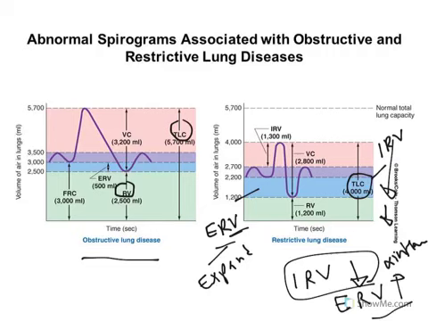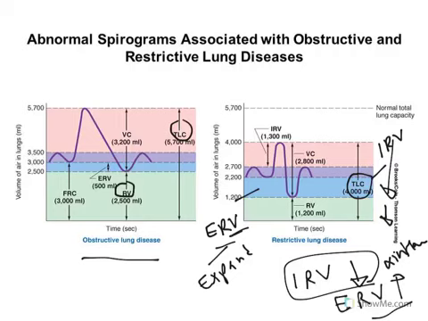While with ERV, for us to exhale, what happened during exhalation? Those patients can force their lung to shrink more and exhale the gases inside. So we won't have a lot of residual volume anyway.